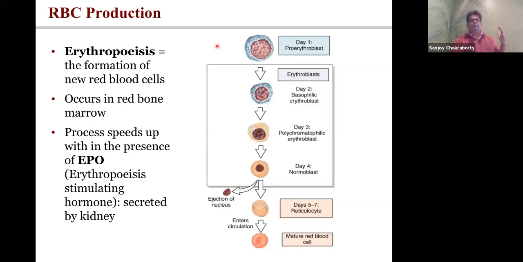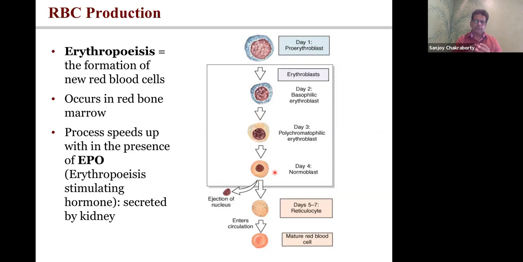Now, what is the production? From the hemopoietic tissue, or hemocytoblast, we have the myeloid stem cell. That myeloid stem cell produces the proerythroblast. That proerythroblast then converts into erythroblast, and then basophilic erythroblast, and then polychromatophilic erythroblast, and then the polychromatophilic erythroblast becomes the normoblast.